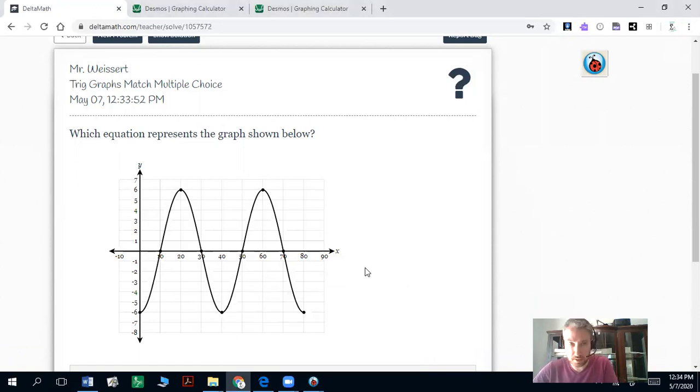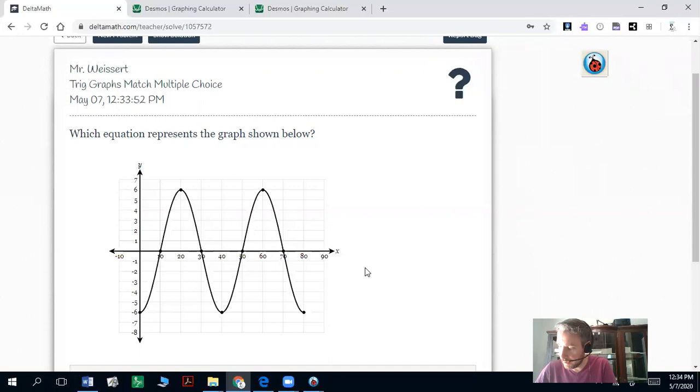So this one is going to be a little trickier because it starts at the bottom. So it goes down to -6. Goes up to +6.